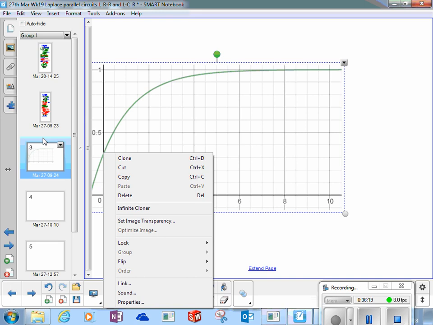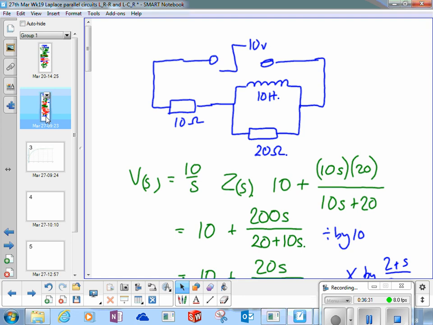So the inductor, what's happening in the circuit is at switch on, the change in current is causing a big back voltage in that inductor that's restricting the current forward. At steady state it becomes a short circuit, and we're left with 10 volts.